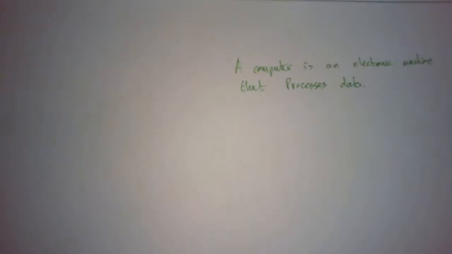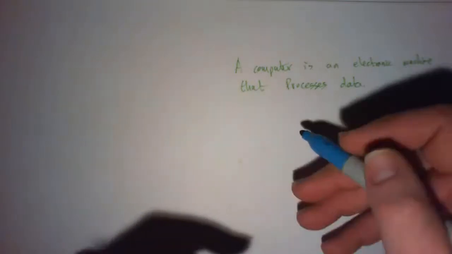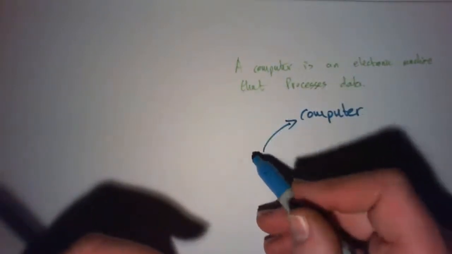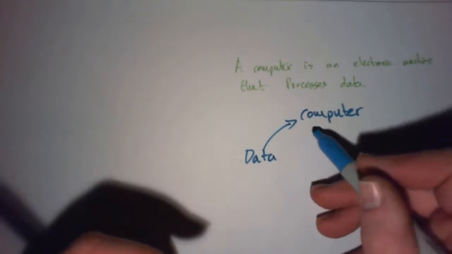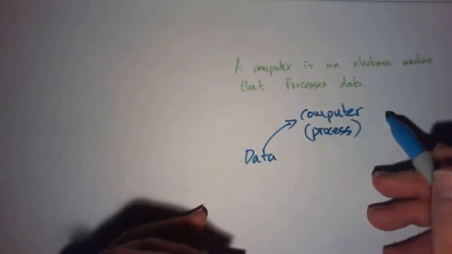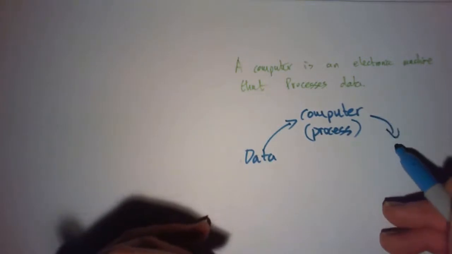So if you look back to my video on Turing machines, I go into more detail on that, but that's a nice succinct way of putting it. Okay, so the purpose of a computer in its most simple form is to take data, process it, and output it.